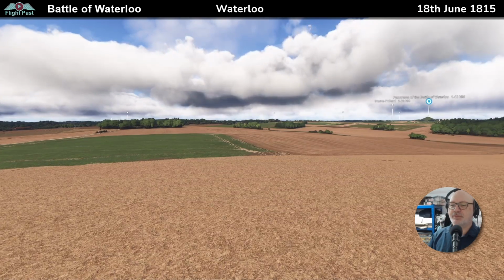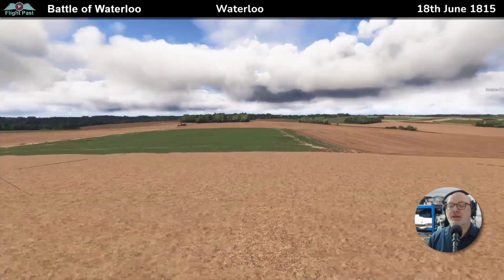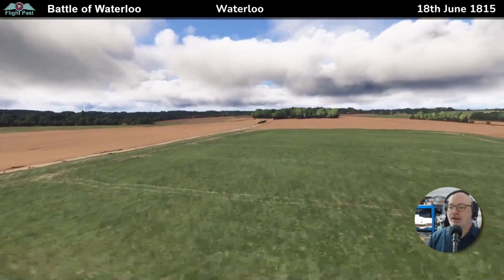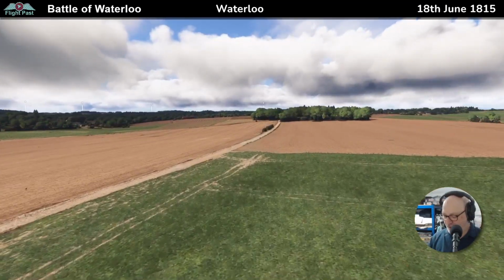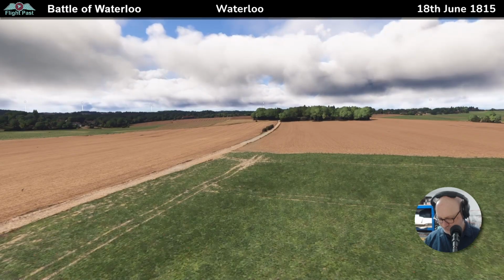So it's believed the first engagement in this area is around about 4:30. They've taken about an hour to get across here, and the first to be engaged is Lossin's brigade.